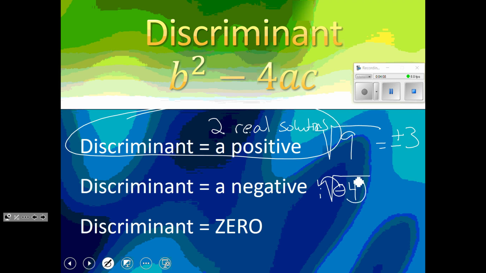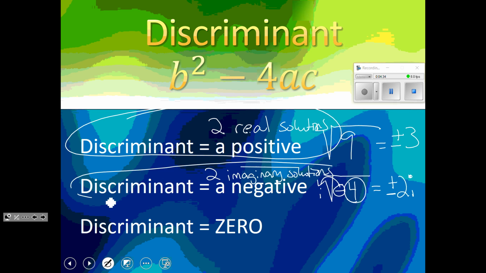And the square root of 4 could be positive 2 times positive 2. So this would come out as a positive 2i, or it could be a negative 2i. So what does that tell me about my solutions? That I'm going to have 2 imaginary solutions, one positive, one negative.